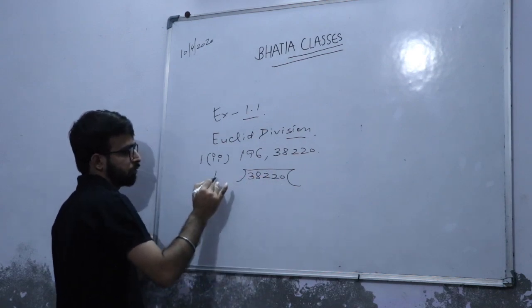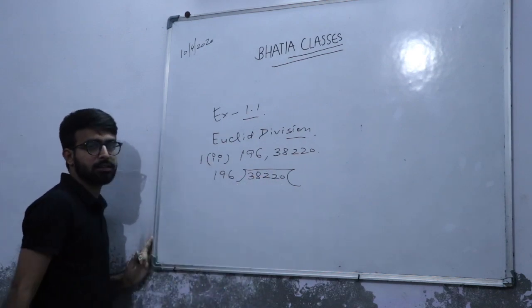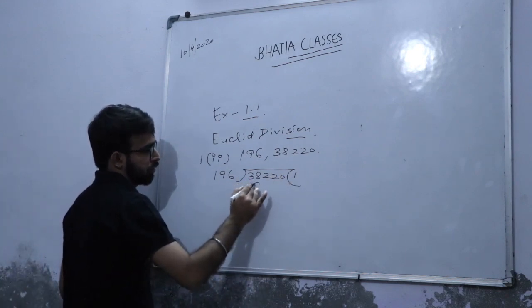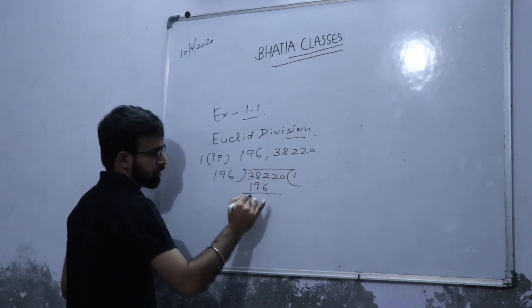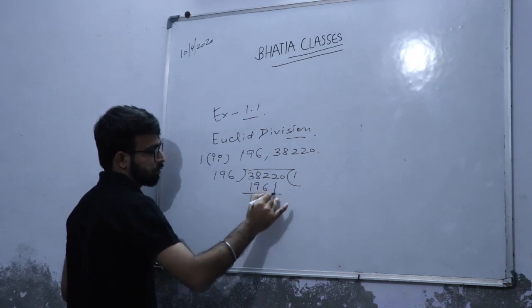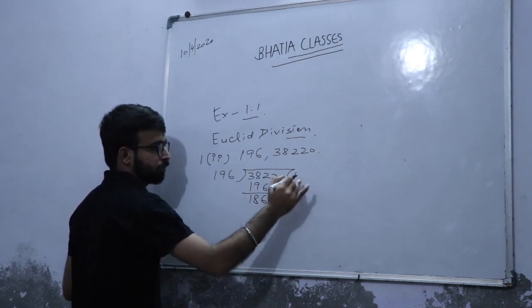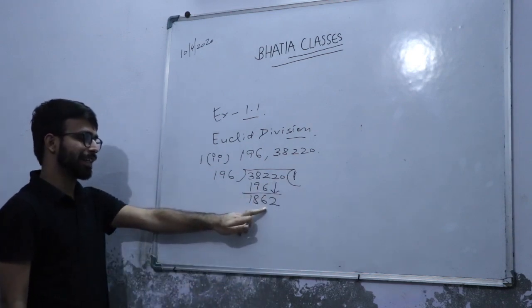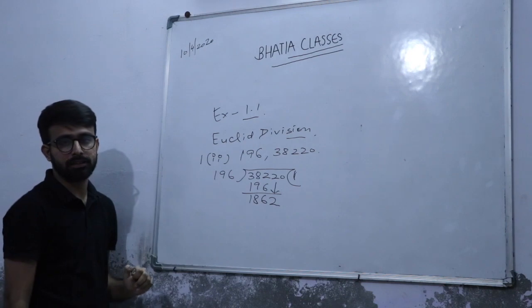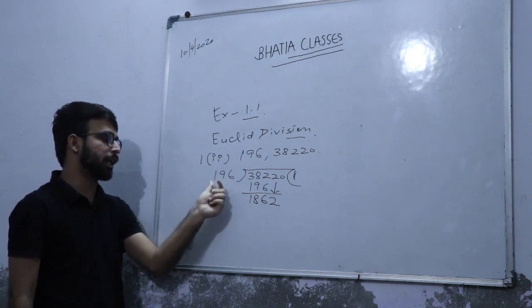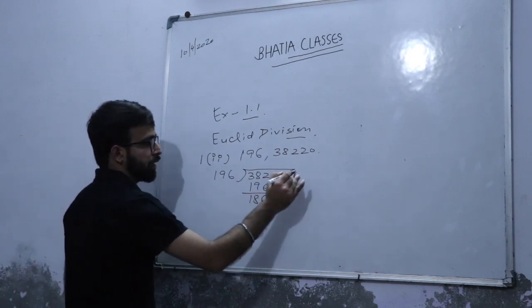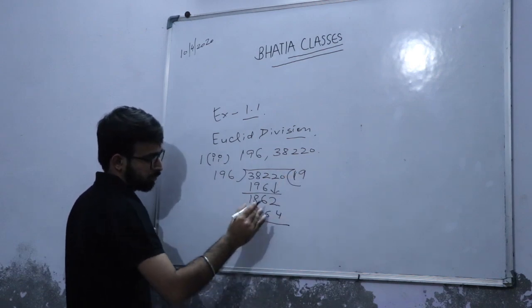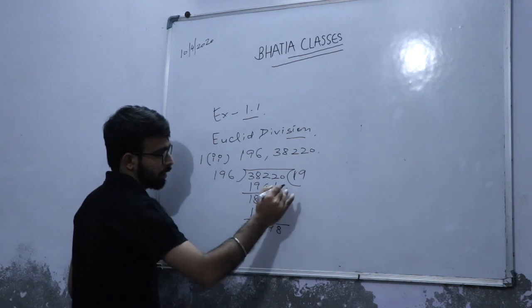Same procedure as you do in the earlier classes, simple division method. 196 is to 196. By subtracting you got 186. Putting 2. Now you will see that 1862 can be divided by 196, because 1862 is greater than 196. You will multiply it by 9. Here I got 1764. By subtracting you got 98.